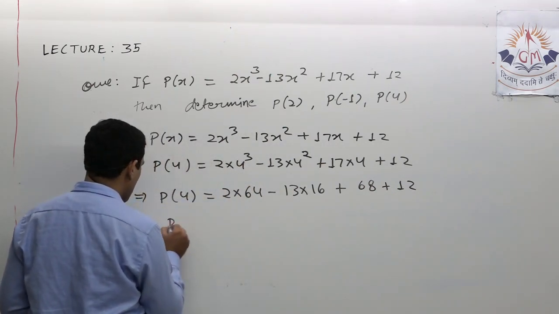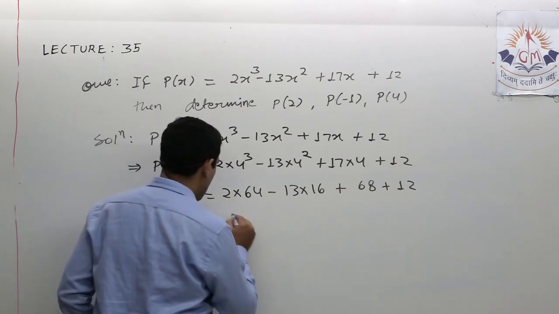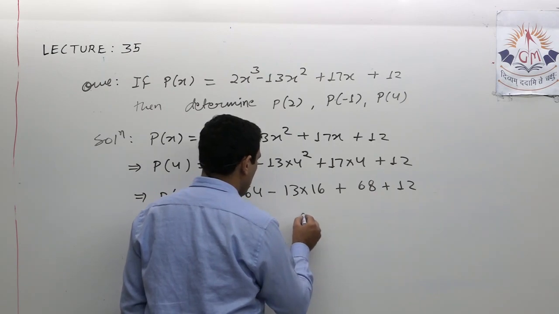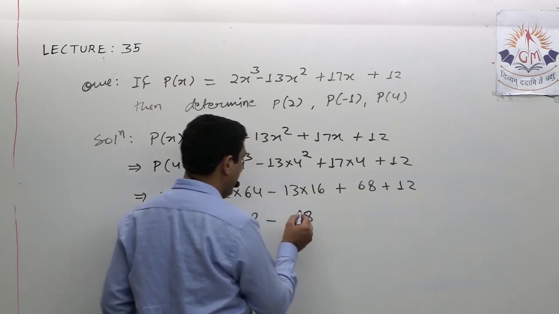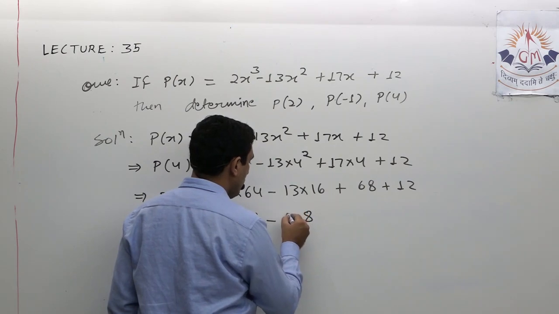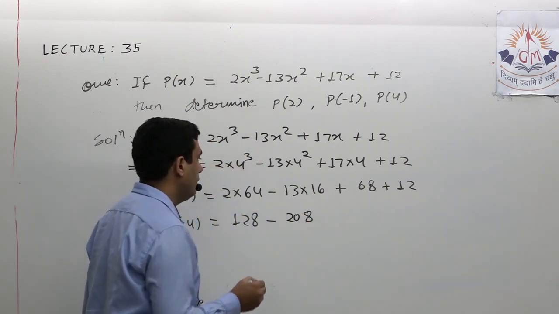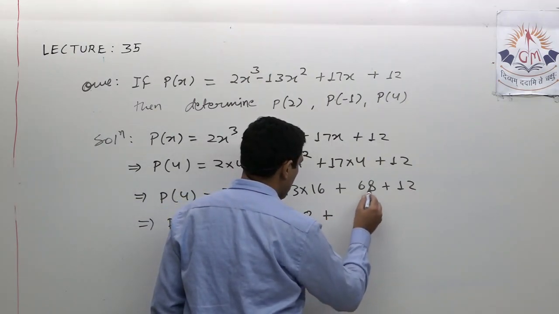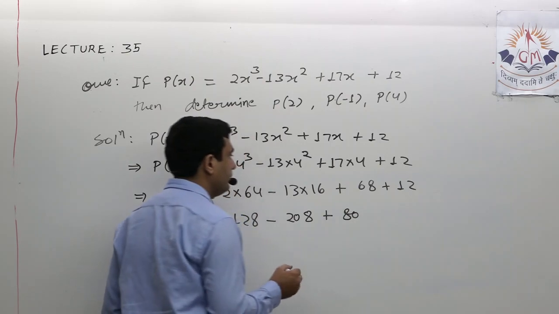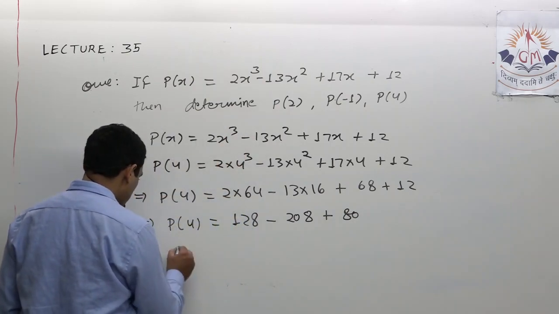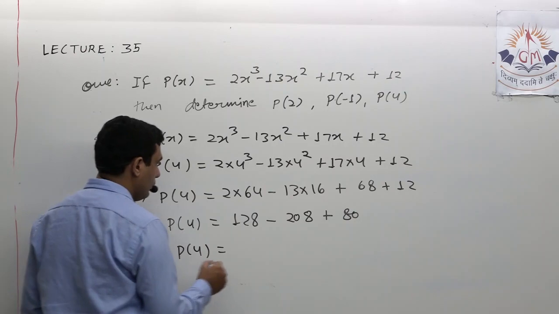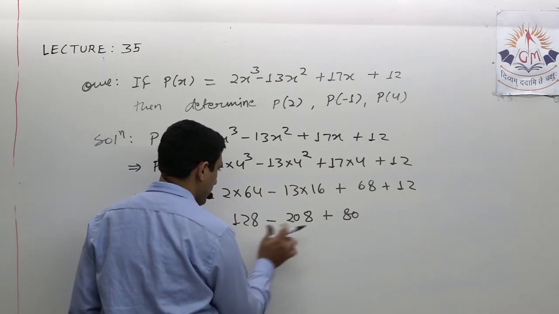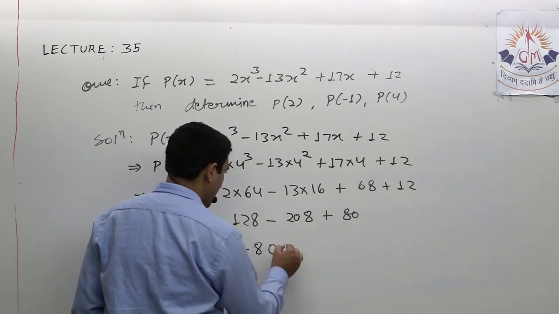Okay, so just the calculation part is 128 minus 208 plus 80. So p of 4 is equal to minus 80 plus 80.